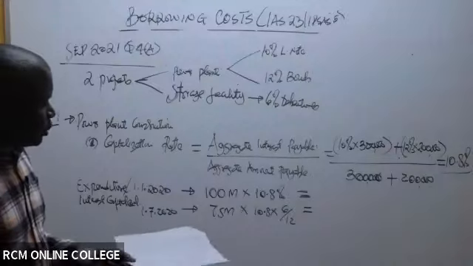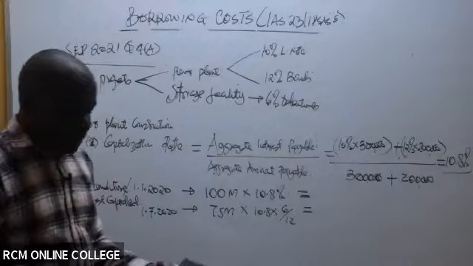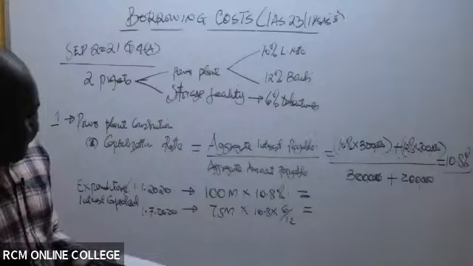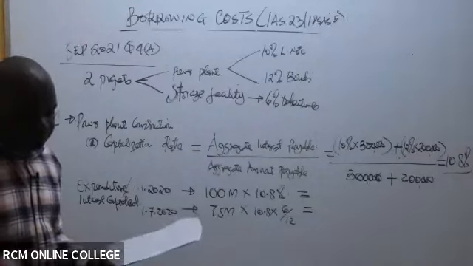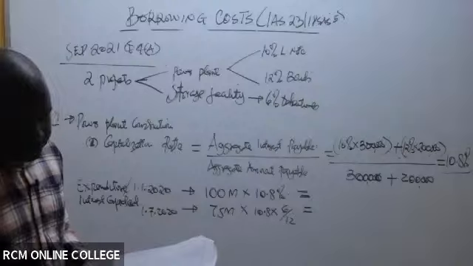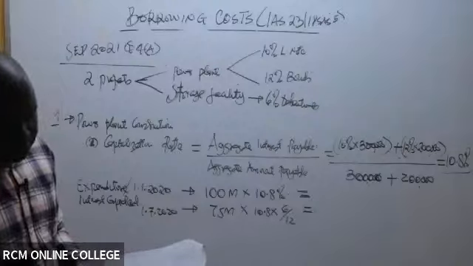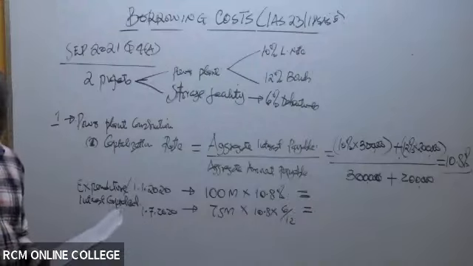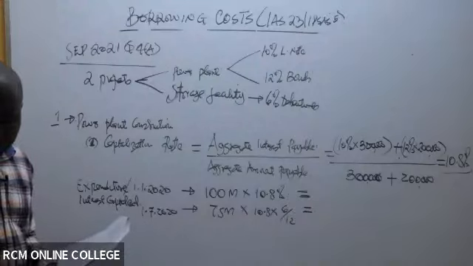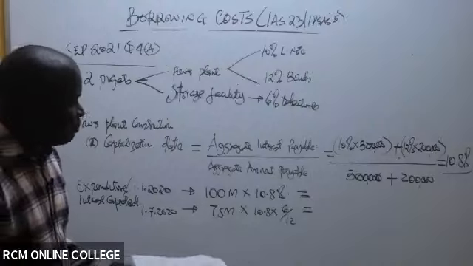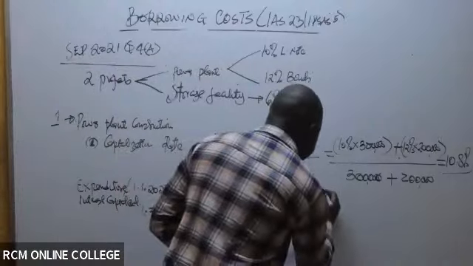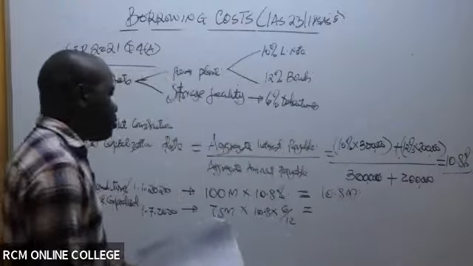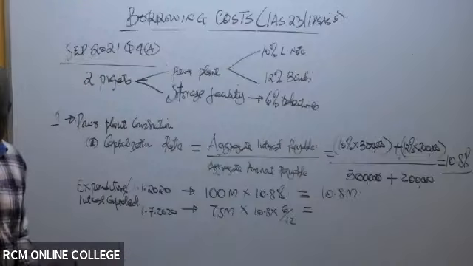How much are you getting when you compute 10.8% of 100 million? I can see you're saying 10.8 million. So it will come to 10,800,000.